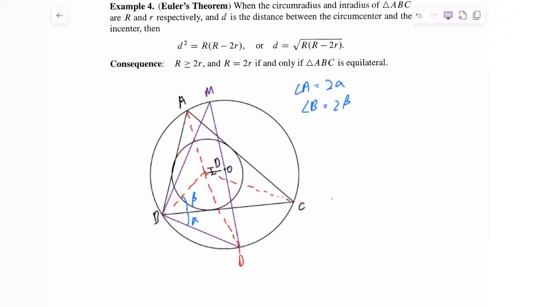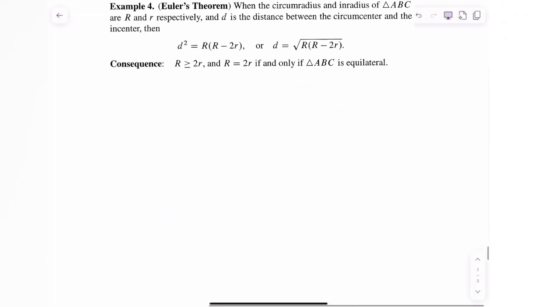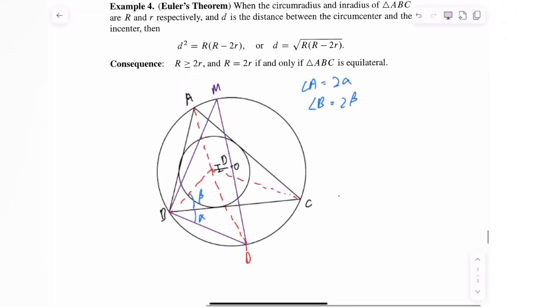So now what is beta? We know that, my bad, angle IBD equals beta plus alpha. Okay, what is also beta plus alpha? Well, this one.